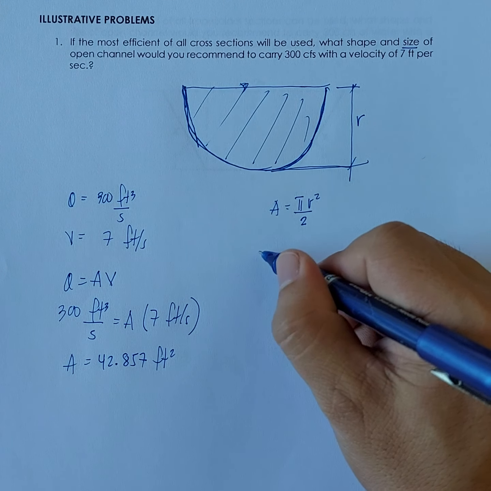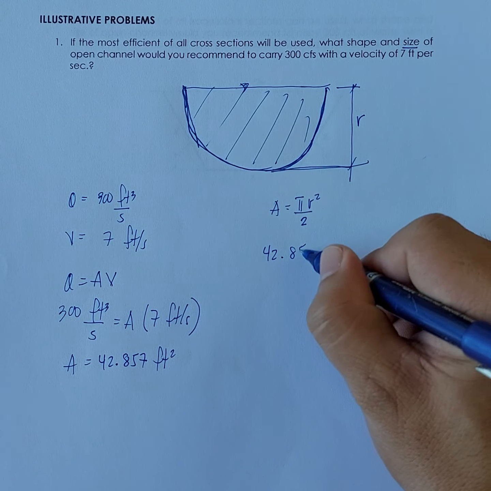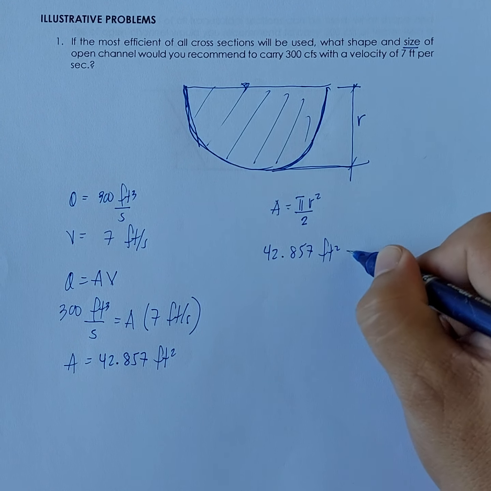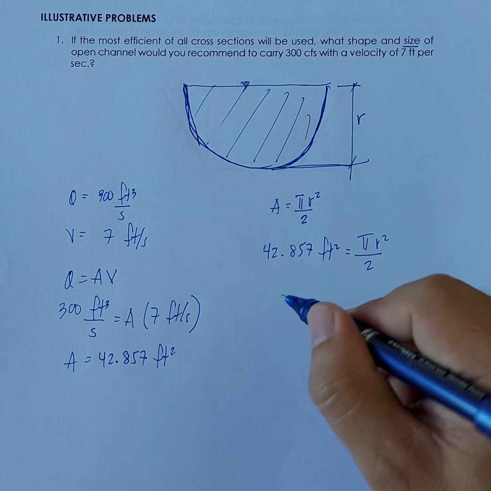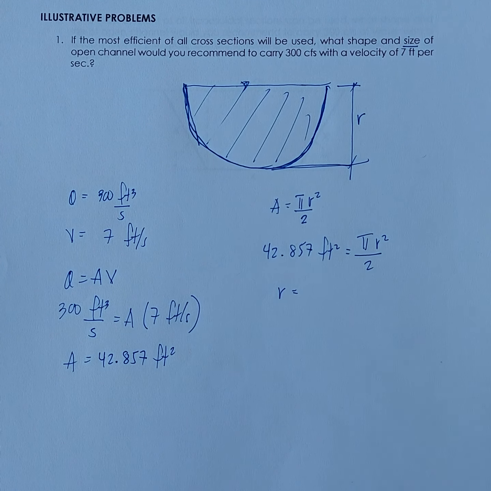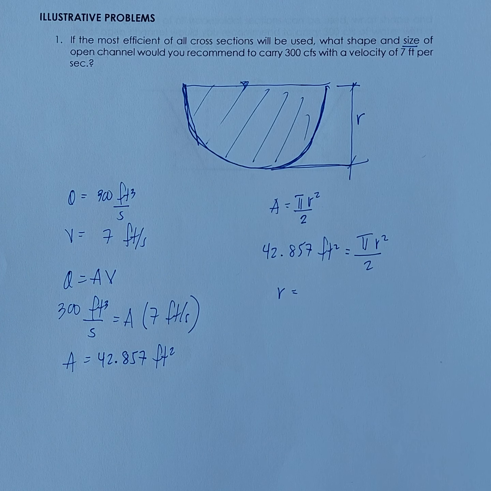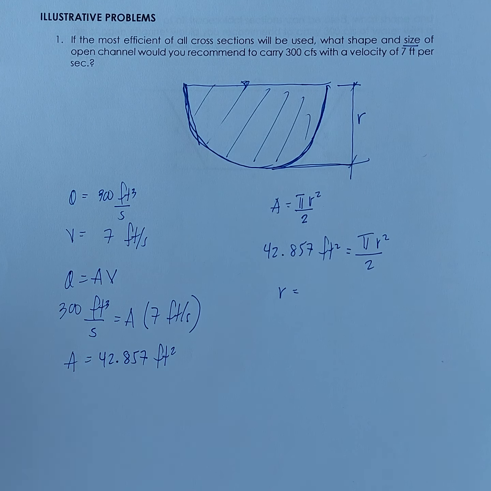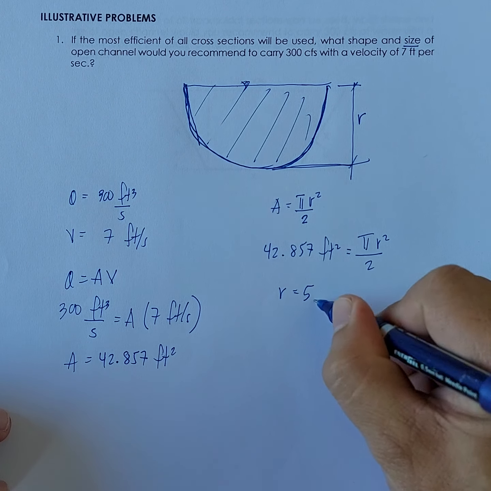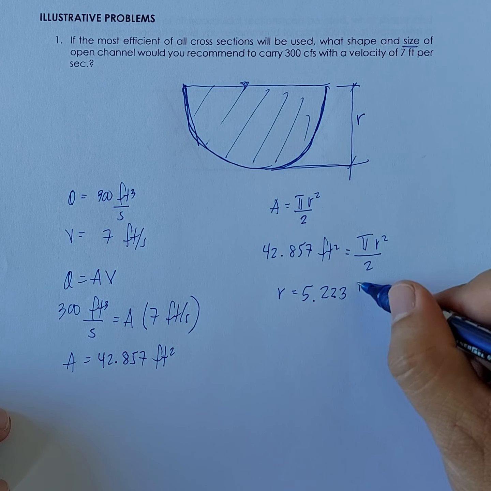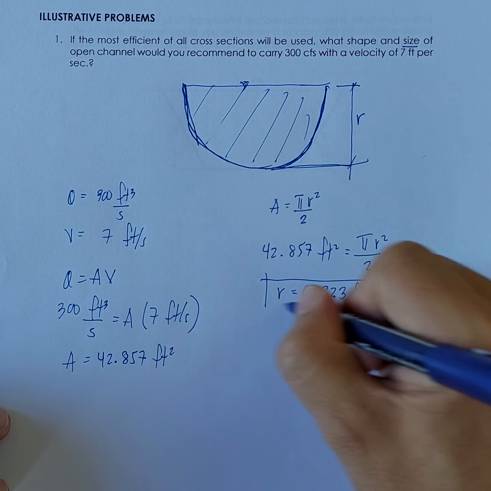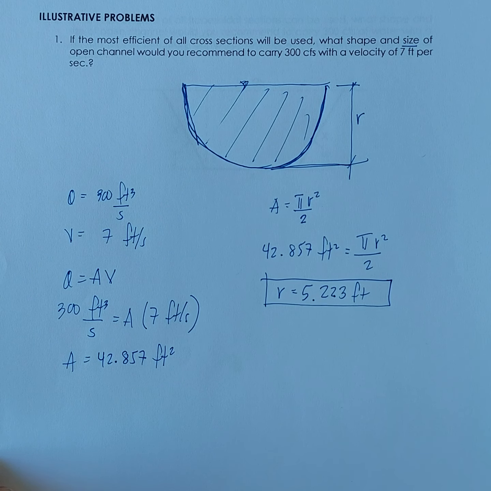We have an area of 42.857 square feet, so it's equivalent to pi r squared all over 2. We're left with r in this equation. So the radius is 5.223 feet. That would be the required radius for the channel.